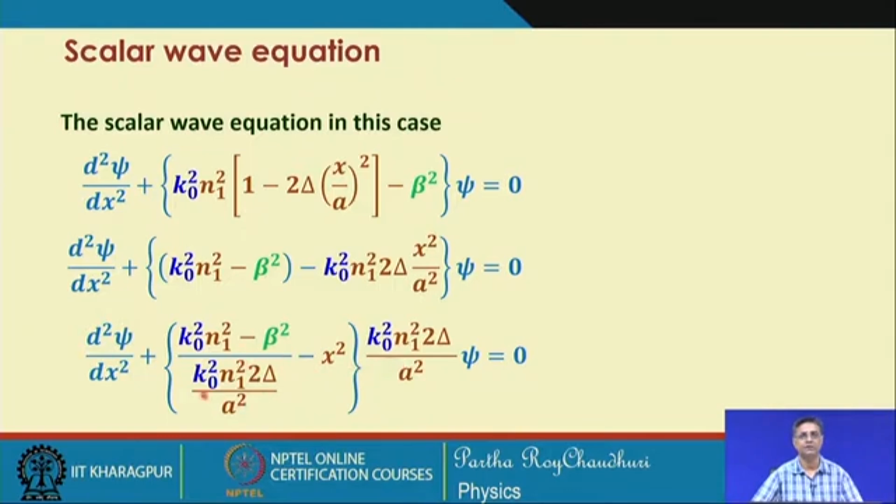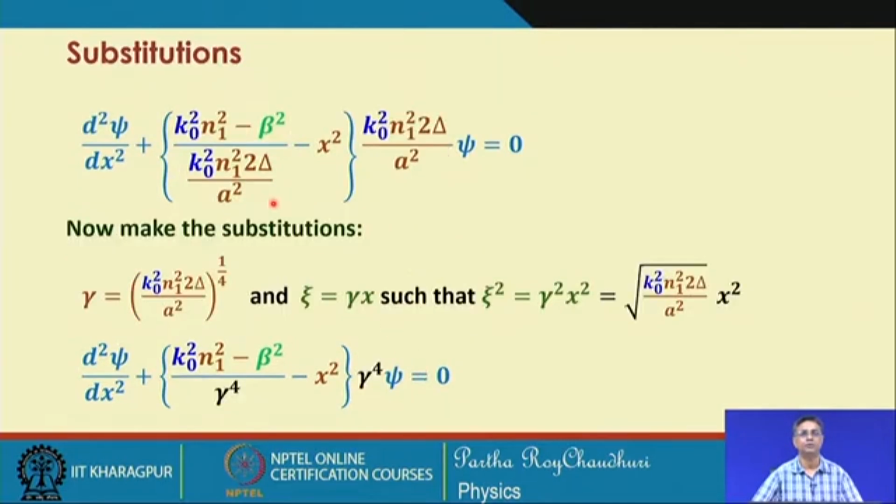So, by doing this, this is the quantity beta we are looking for, x is the position in the waveguide direction, and these are all constants. Therefore, in this equation we can make a simple substitution, put gamma for this one, that is (k 0 square n 1 square twice delta by a square) to the power of 1 by 4 equal to gamma.